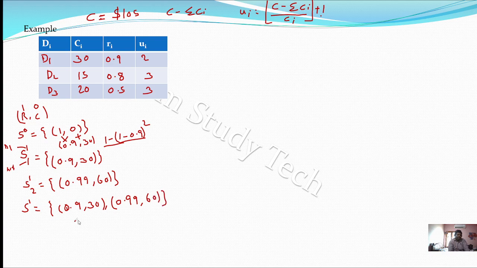So this is S1 now. Because the upper bound is 2, we stop here. I have considered 2 copies, and next I consider D2.